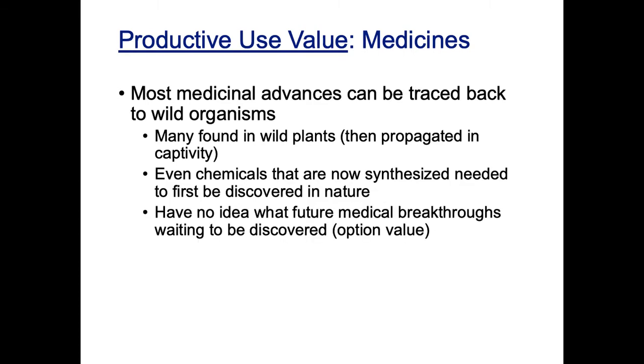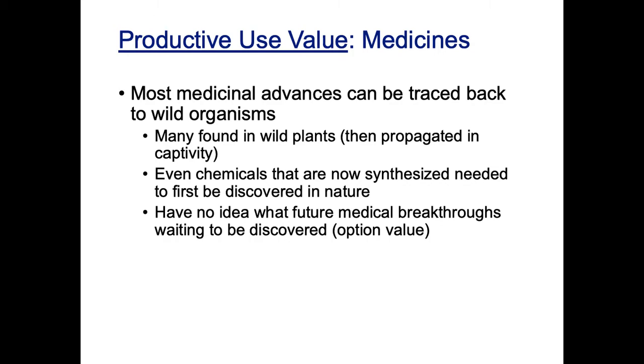And also, I want to talk briefly about option value. This is different than productive use value, but when we talk about medicine, we don't know what future medical breakthroughs are out there. There's a lot of plants and animals and other types of organisms that we don't know much about, and a lot of them have really interesting chemicals that could be used in the development of new medicines.